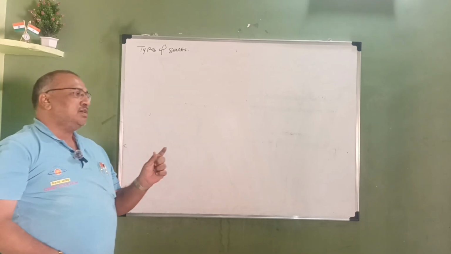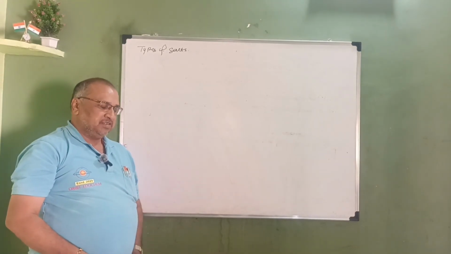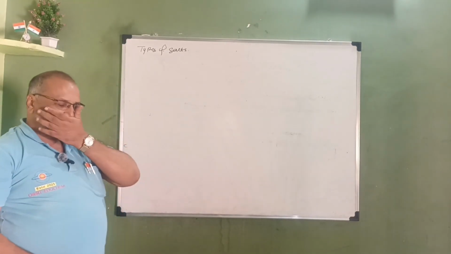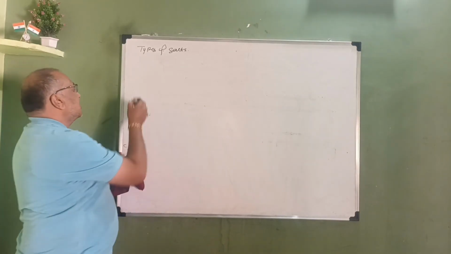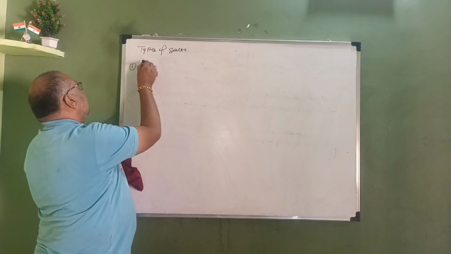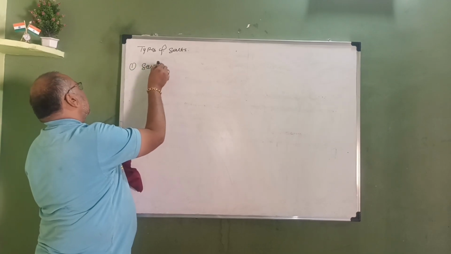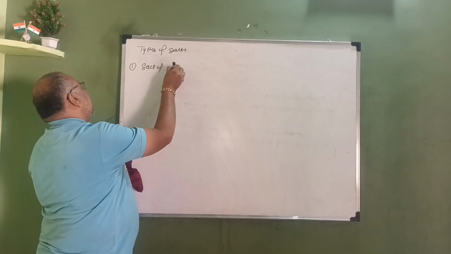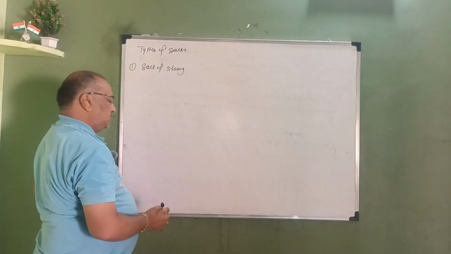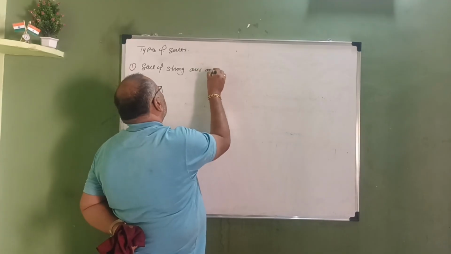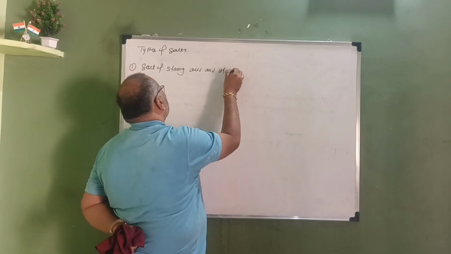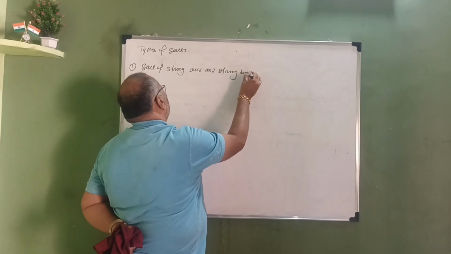Now, acid may be strong or weak, base may be strong or weak. Depending upon this fact, the salts are further classified into 4 types. That is salt of strong acid and strong base.